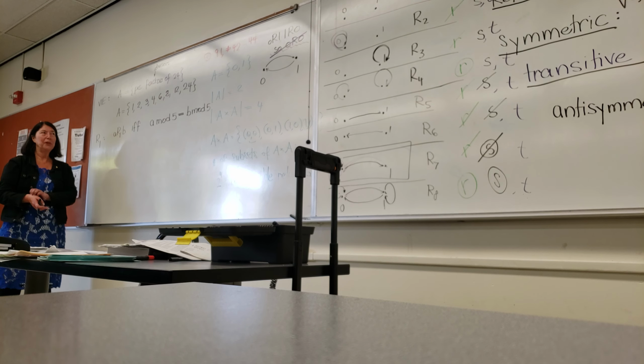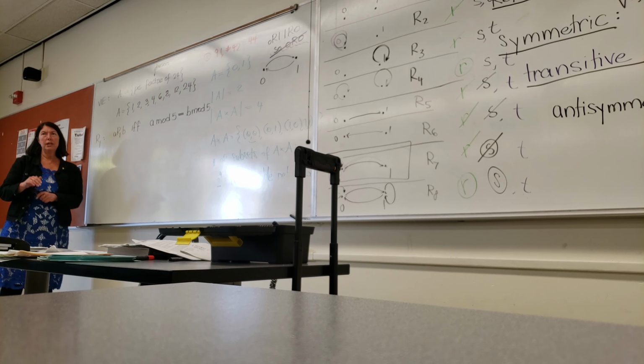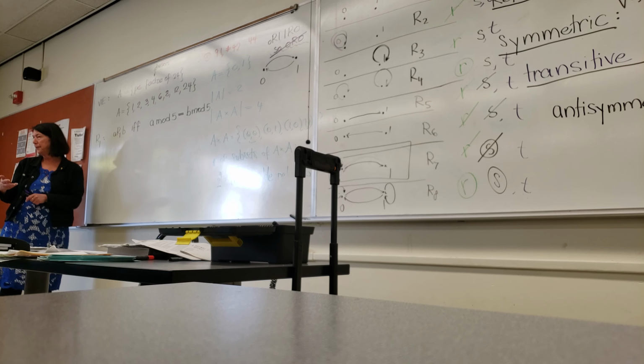Now we're going to try to analyze this relation and check it for all the different properties. You can take the high road, or you can take the more pedestrian road. We could do what we did on Thursday, which is start constructing the directed graph.